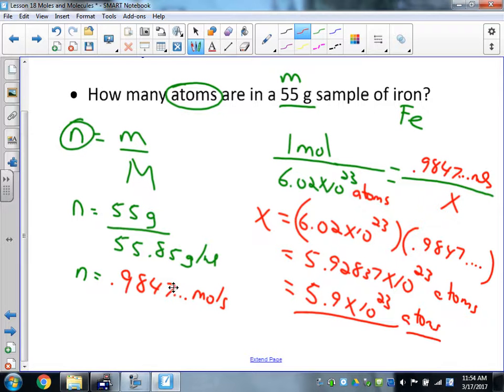Good? Exact same as yesterday, except we're using the ratio as well. All right, let's go to the next one here. Everyone got that?